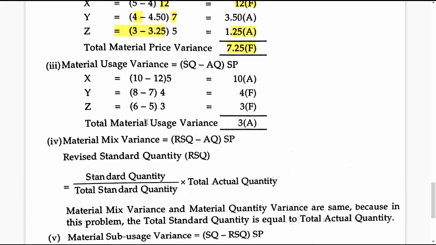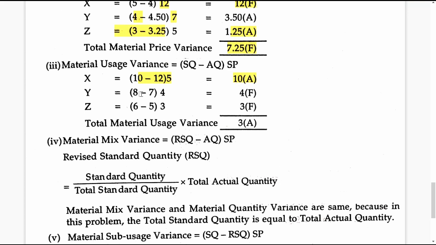Material usage variance, the formula is standard quantity minus actual quantity into standard price. X: standard quantity 10 minus actual quantity 12 into standard price 5. Here the actual quantity consumed is more than the standard quantity, therefore the answer is adverse. Then Y, 8 is standard quantity, 7 is actual quantity into standard price 4.